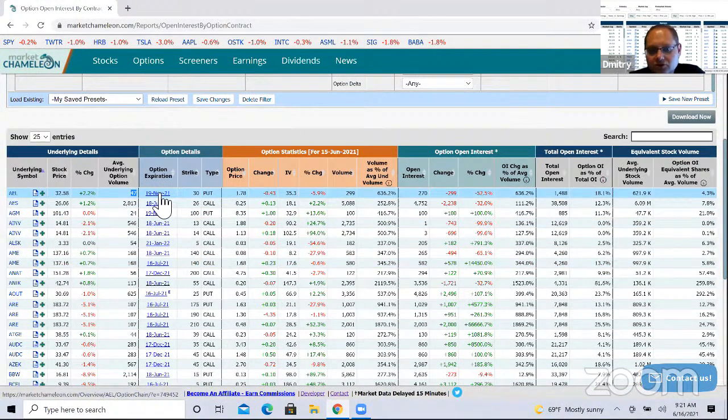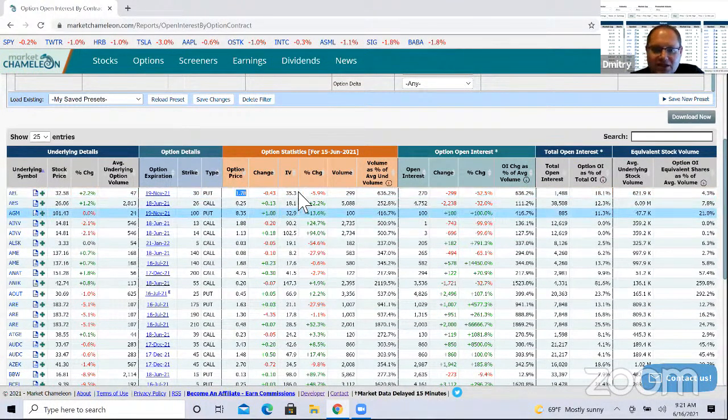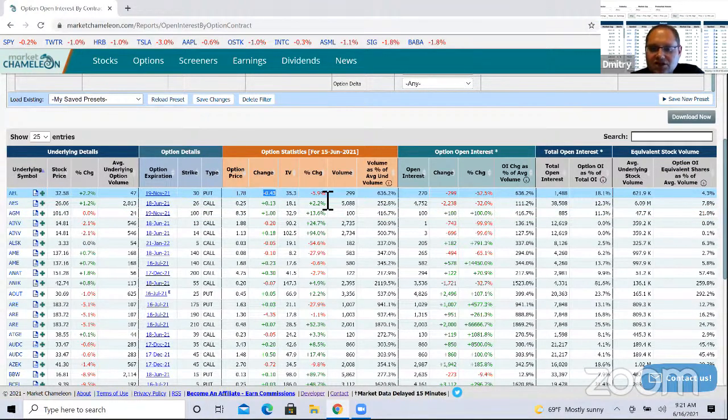Yesterday, on November 21st, November 19th expiration, 2021, the 30 put, right, there were 299 contracts that traded, which you could see here is above what it typically trades. The option yesterday closed at $1.78. It was down 43 cents. The implied volatility was a little bit lower, 5.9%.